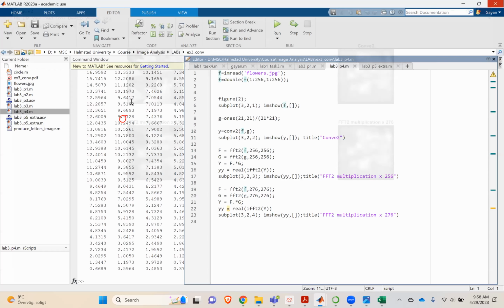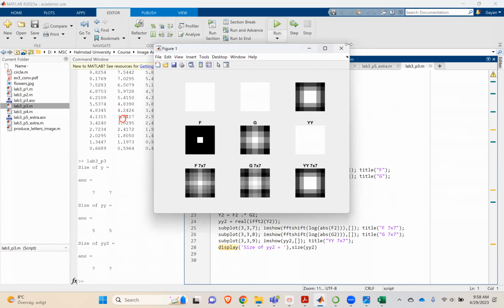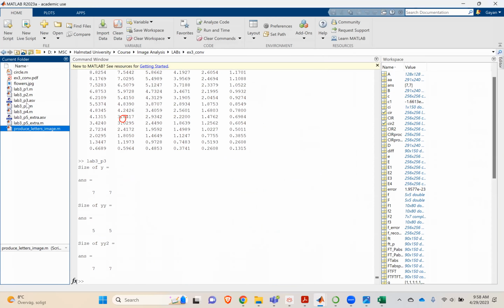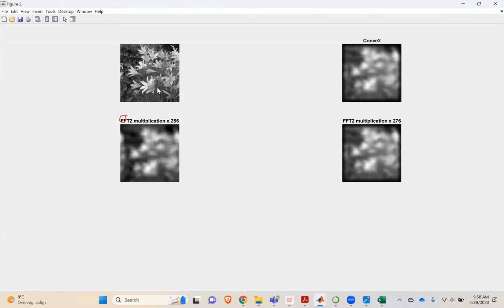We multiply it with a Gaussian filter or something. Exactly.